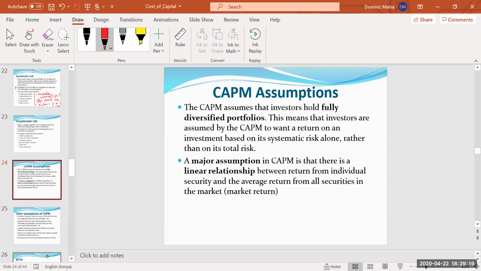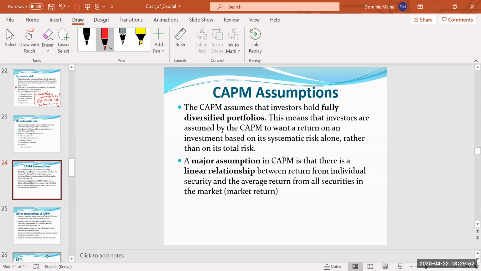If the risk of this particular security is higher than the risk of the market, then the return for the asset must be greater than the return to the market. Since the risk to the individual asset is high, the return to be given must be high. This is an element of linearity, an assumption we're making: the more the risk, of course, the more the return.